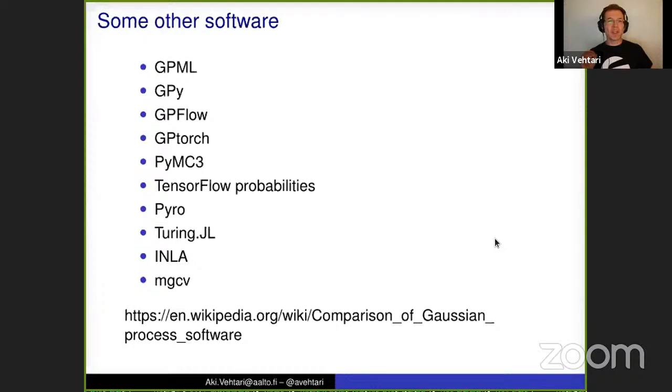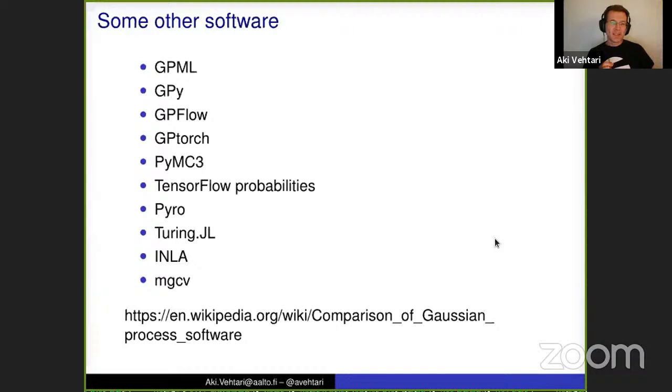Well, GPML is more like a demonstration, proof of concept, and then these three others are aiming also for high efficiency, but limited to where the Gaussian process part is the important one. And then the generic probabilistic programming frameworks are more about flexibility, and are not necessarily aiming to be the best specifically for Gaussian processes.